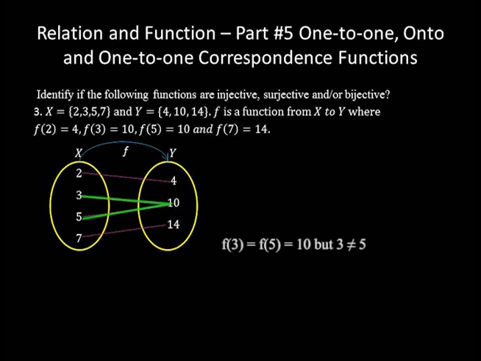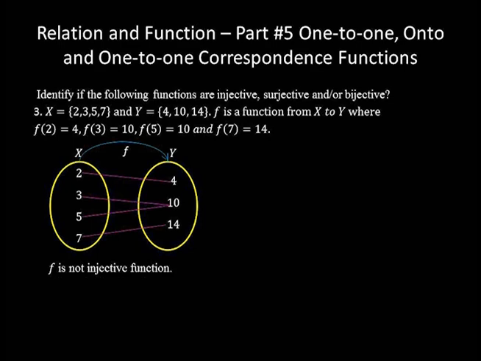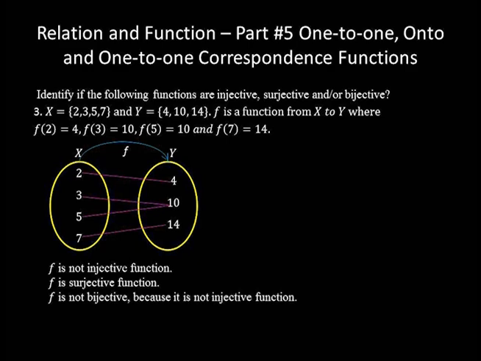Therefore, f is not an injective function. Every element under Y, or under the codomain, has at least one pre-image under X. Hence, f is a surjective function. f is not bijective because it is not injective.